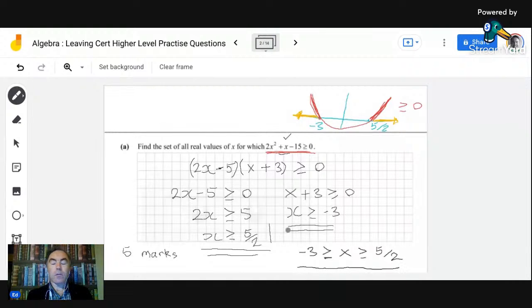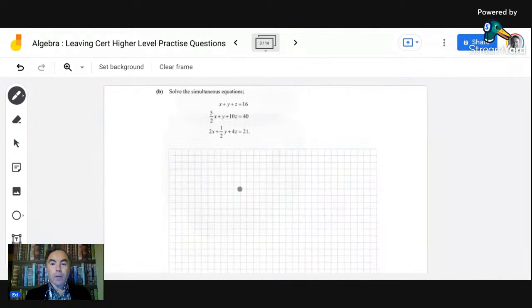Okay, so it makes sense. So I'd advise students to take your time, do the sketch, work it out logically, and you will get the extra 5 marks. Guessing is not good.